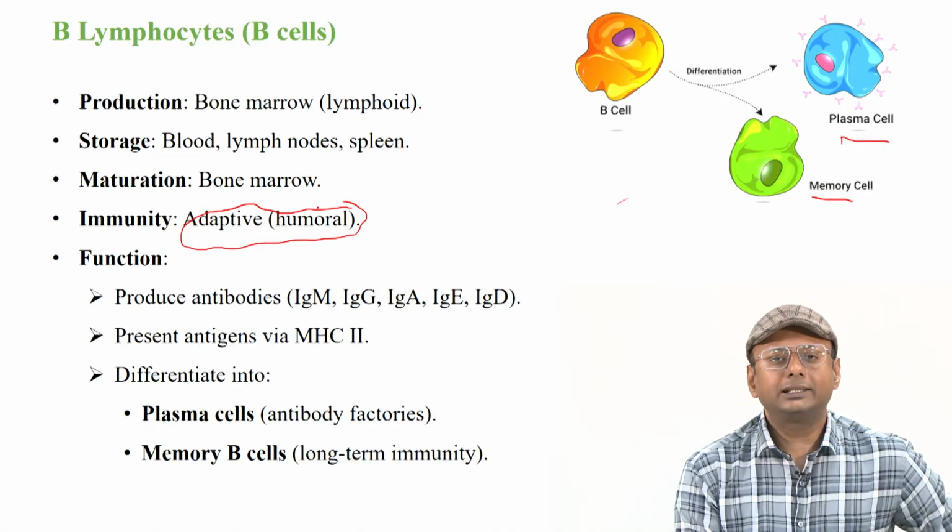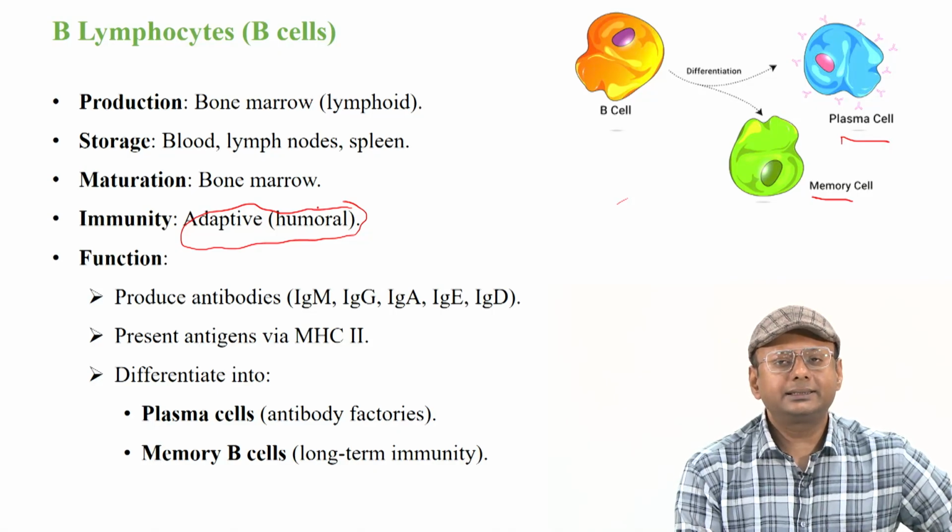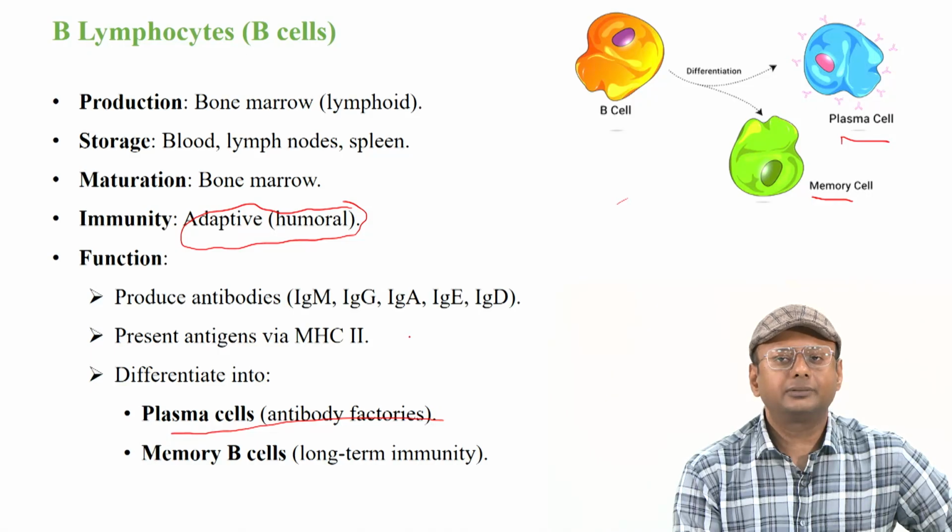As I already said, these cells differentiate into either plasma cells or memory B cells. Plasma cells mostly act as antibody factories, while memory B cells maintain long term immunity.